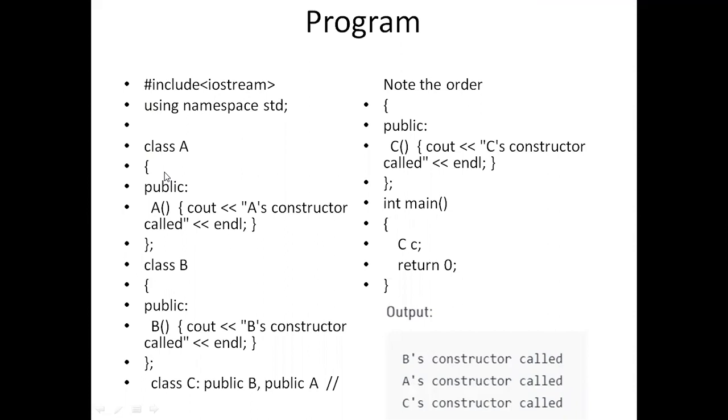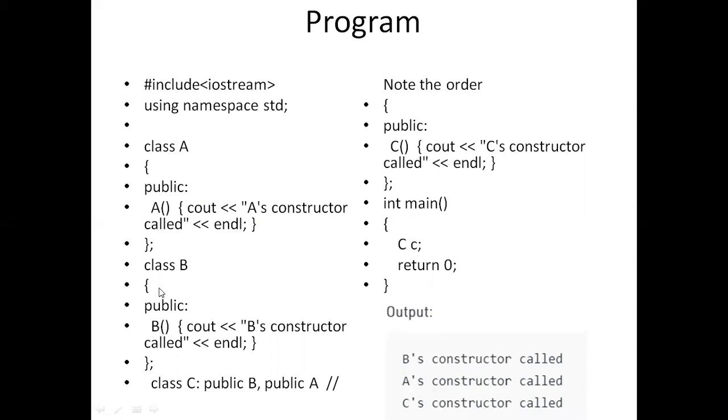The constructor is named A, the same as the class name. And what is written in A? "A constructor called." Whenever we create an object of this class, this constructor will be called automatically and display on the screen "A's constructor called".